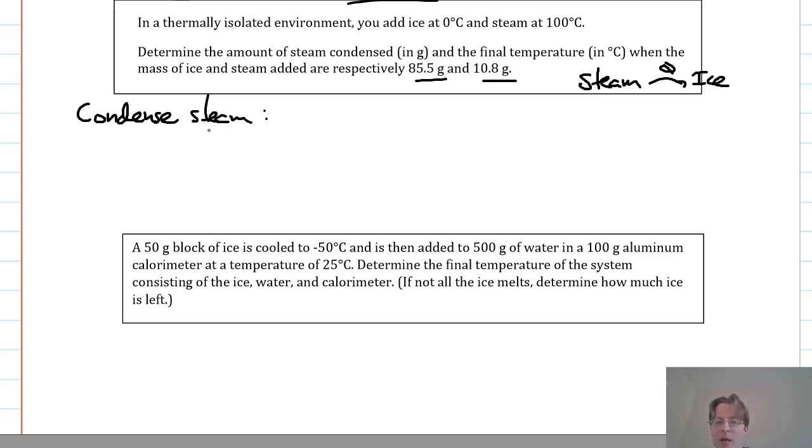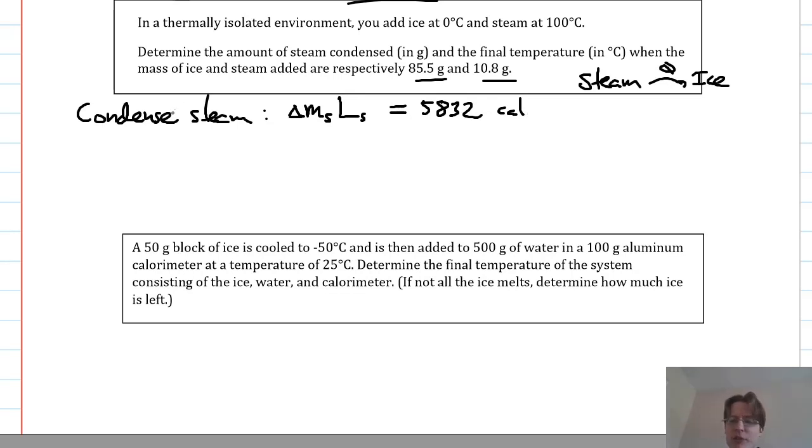So that's a delta m L. I would take 10.8 grams, delta m for the steam, times the heat of vaporization. I want to know how much it would take to condense all the steam. So I just need to see the number and see what it is. So it's 10.8 grams of steam, the L value 540, it gives me 5,832 calories.